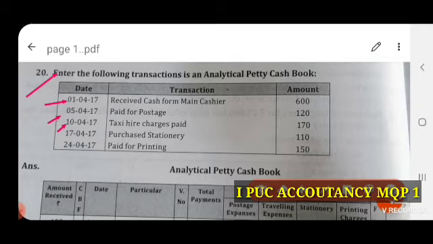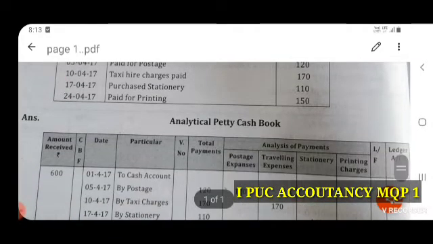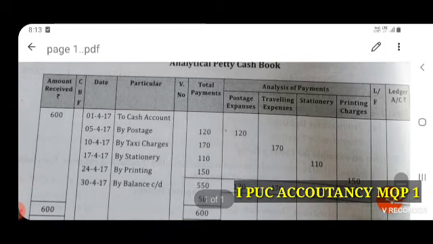Next, taxi hire charges is a payment, traveling expenses column. Purchase stationery, printing and stationery column, payment. Paid for printing, so printing and stationery. Now, see the answer, how we have to record.